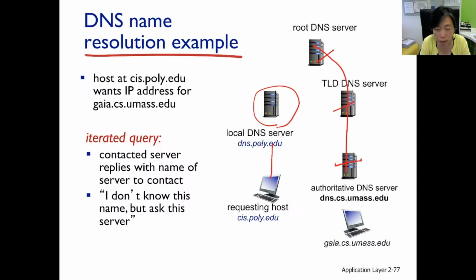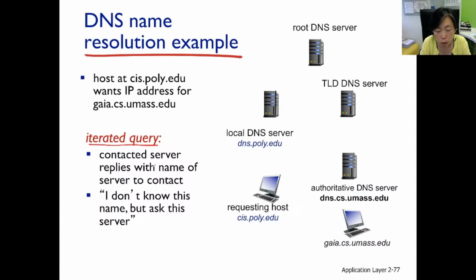So let's explain further from the local server here how the query is forwarded and eventually a reply is received, through an example. There's going to be a host trying to reach gaia.cs, but before messages can go out, it needs to find the IP address of gaia.cs over there. We're going to illustrate this form of query forwarding, called iterated querying.